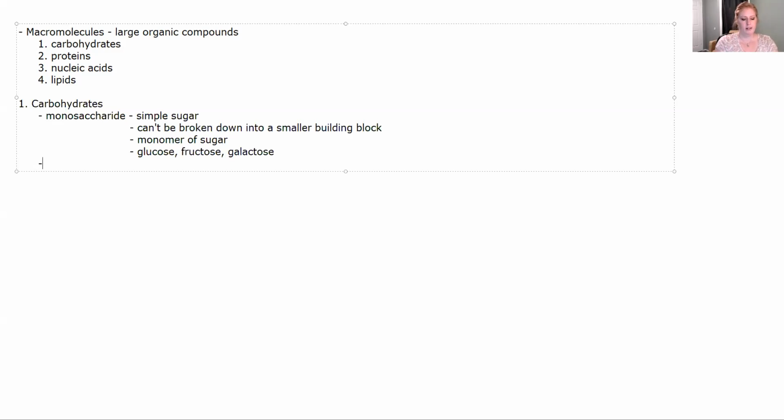Monosaccharides, right? Now we're going to move up in the world to disaccharides. Di meaning two, okay? So a disaccharide is more complex than a monosaccharide because a disaccharide is two monosaccharides.